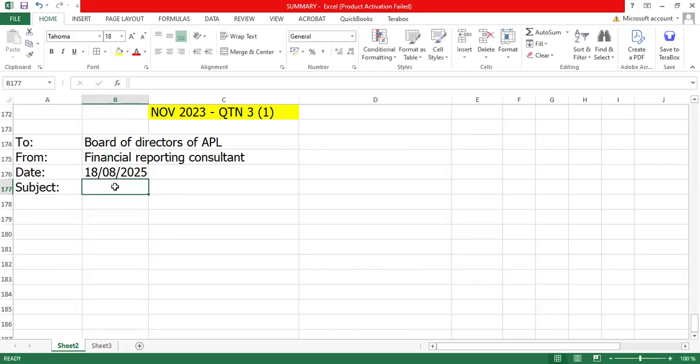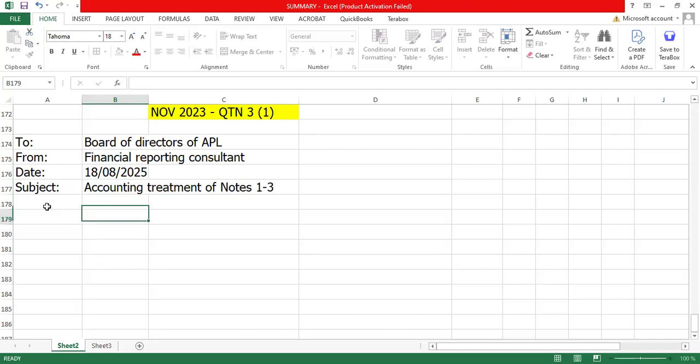I can say the accounting treatment of notes. You are handling how many notes? 1 to 3, but for us our focus is on note 1. So the introduction, depending on your handwriting, some leave a space, others immediately start.